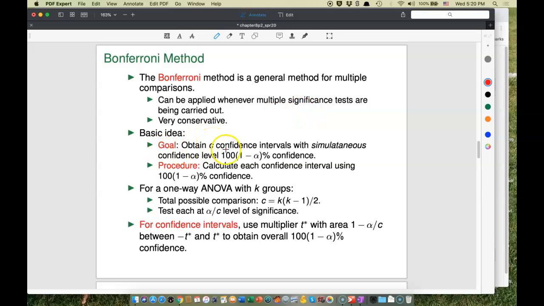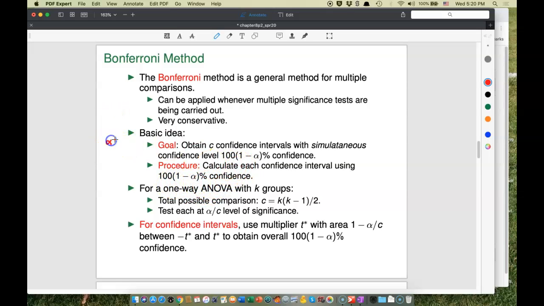The basic idea is to get C confidence intervals with simultaneous confidence level 100 times 1 minus alpha percent. So we're making C comparisons. Before, I mentioned 10 comparisons if we had 5 groups that we were comparing, so C would be 10 in that case. We want an overall confidence level, sometimes called a family-wise level, to be 100 times 1 minus alpha.